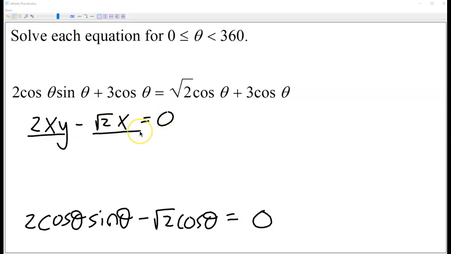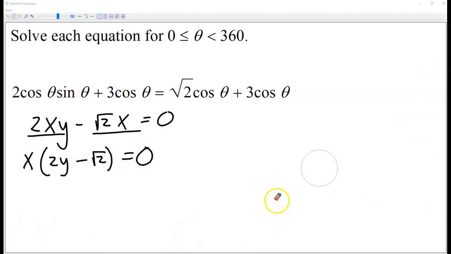So what do these have in common? They both have an x in common. All right, the next thing we're going to do is we're going to put the trig functions back now. X is cosine of theta, and y is sine of theta.